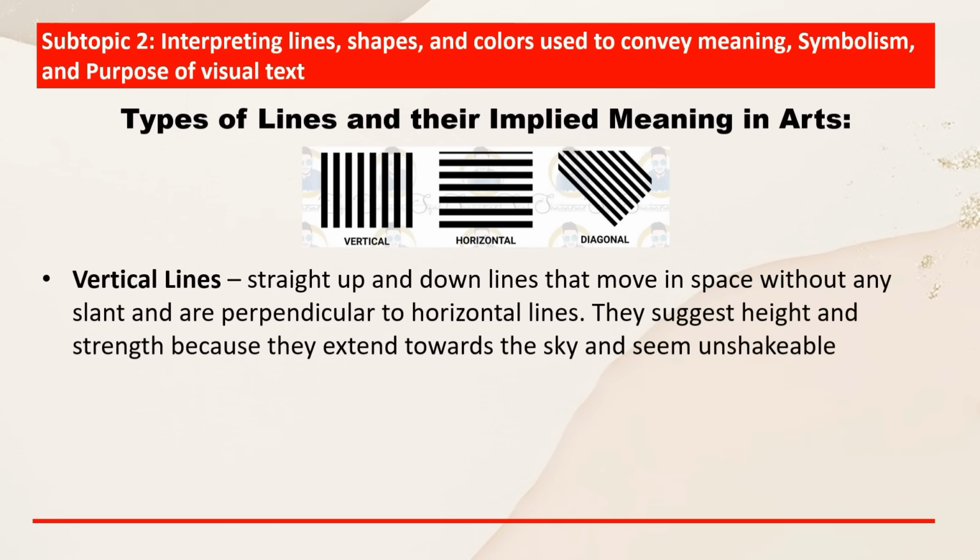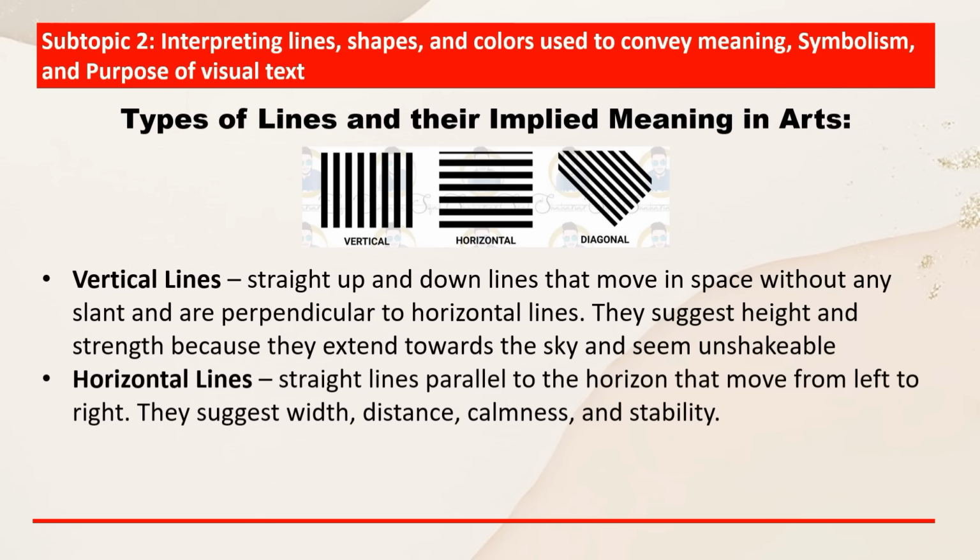Vertical lines, straight up and down lines that move in space without any slant and are perpendicular to horizontal lines. They suggest height and strength because they extend towards the sky and seem unshakable. Horizontal lines, straight lines parallel to the horizon that move from left to right.